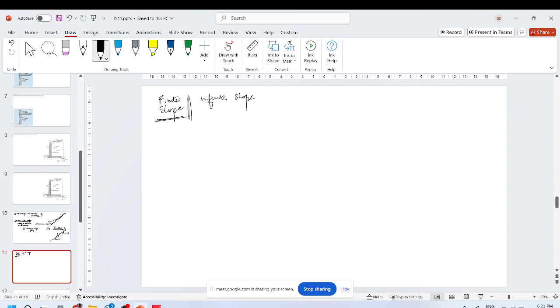Finite, you know, is something that is definite, and infinite is indefinite.